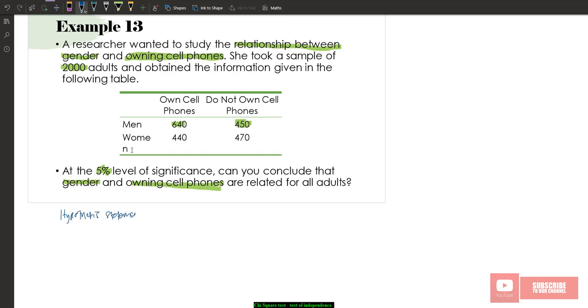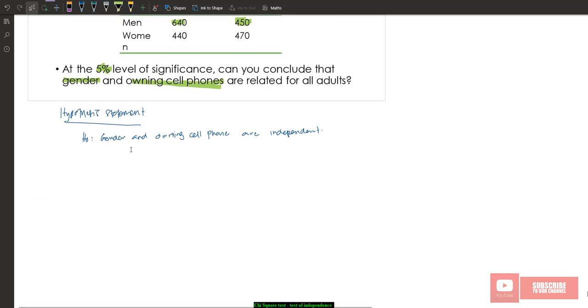Now, our hypothesis statement. Null hypothesis: gender and owning a cell phone are independent or not related, right?